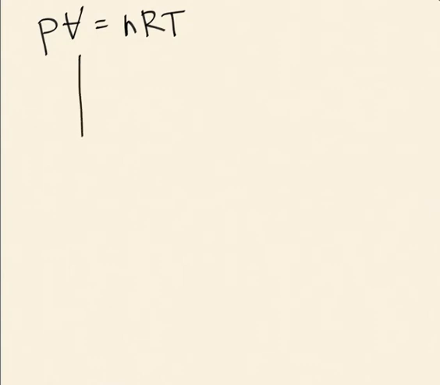Now, if I look back at this PV diagram, one process that I'll talk about first, but I'll leave details to a subsequent video, is if the temperature is constant. So I already mentioned that before. If the temperature is constant, then I know that the relationship between P and V is that they're inversely related.